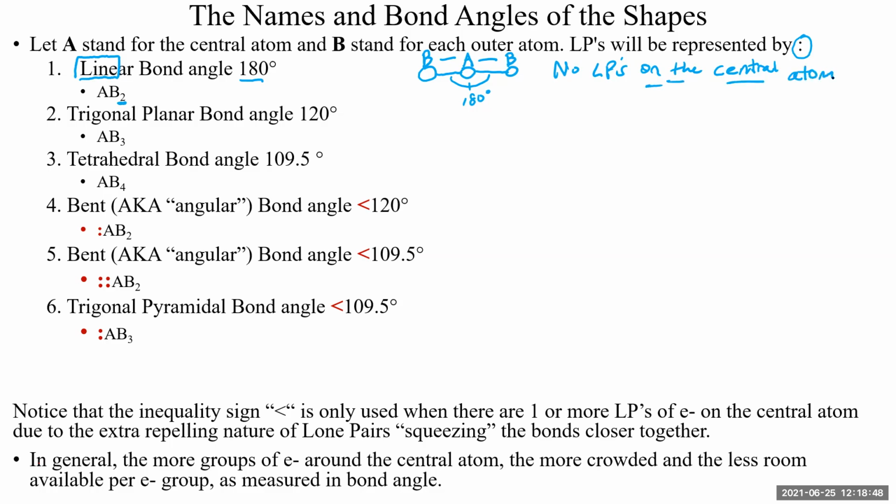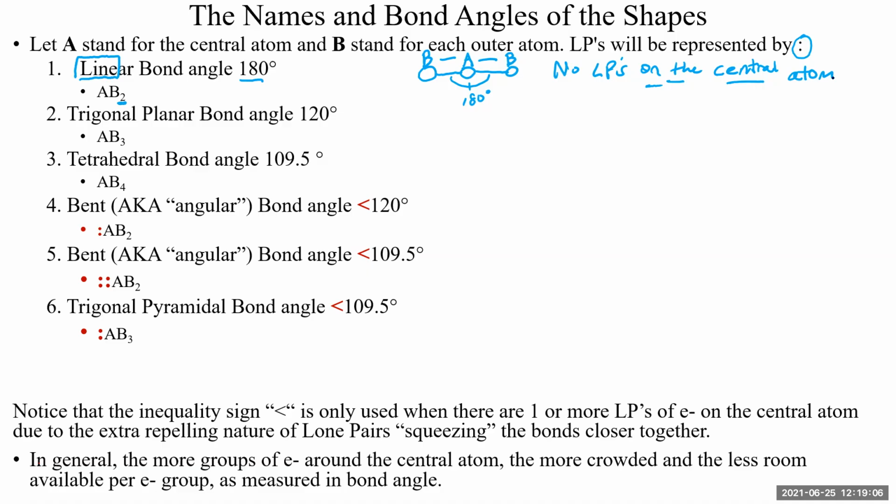If any of these conditions are not met, then it cannot be a linear molecule. It must have exactly 2 outer atoms attached to a central atom, and the central atom must not have any lone pairs. Now you might ask, well, what about double bonds versus single bonds versus triple bonds?